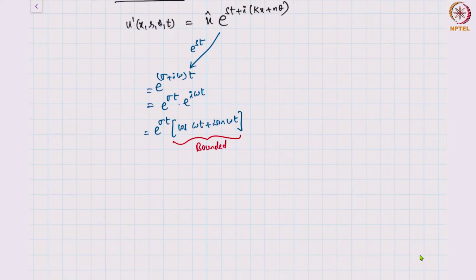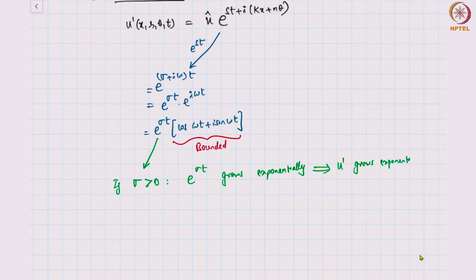But the other part that you see here, if sigma is greater than 0, then e power sigma t grows exponentially. And if e power sigma t grows exponentially, u prime grows exponentially. We say such a state is unstable. We say the flow is unstable.